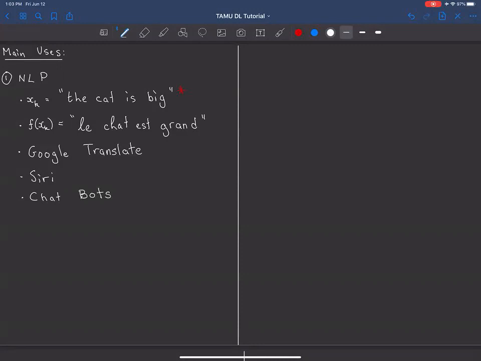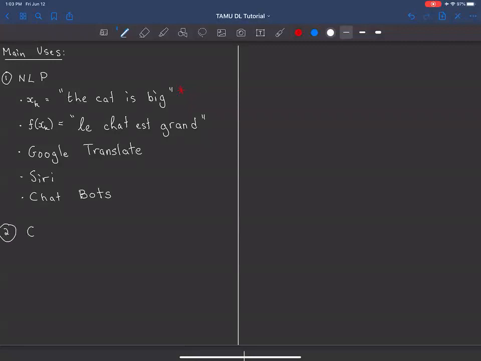Basically, neural networks are the state of the art for most major natural language processing tasks. And it's crazy because this is a huge change from, let's say, 2012 until now. It used to be that linguists thought about how to do natural language processing. And now neural networks use very little linguistics, and it's basically just a big computational engine. So that's one big use case, which is really interesting.